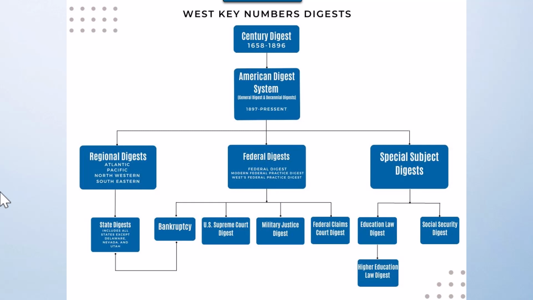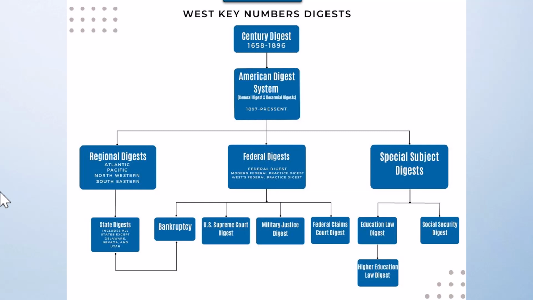So what would you do if you were looking for Tennessee cases and there is no Southwestern Digest? Well, you'd use the Tennessee Digest. Except what are the odds that a law library outside of the state of Tennessee has a Tennessee Digest? Pretty slim. So then you'd have to use that big system at the top, the General Digest and the Decennial Digest, or you could just use Westlaw.